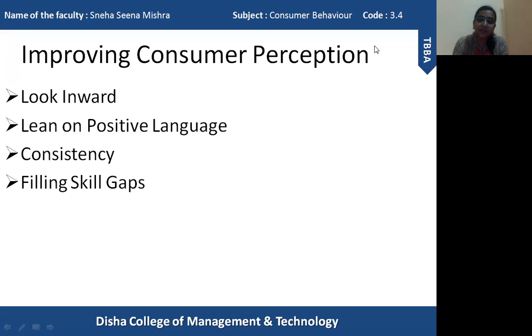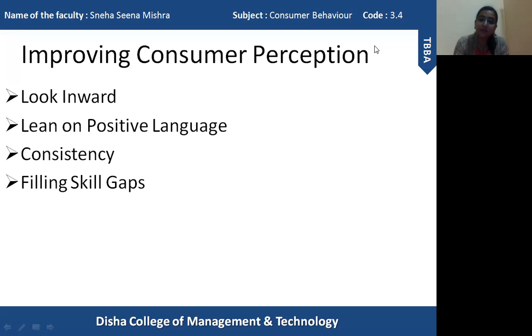They need to be treated like human beings. Their advice and opinion need to be followed, because ultimately they are going to use the product for their own benefit. Providing them a product just to make money is not the right approach to improve consumer perception.